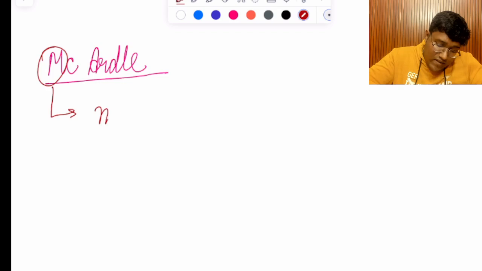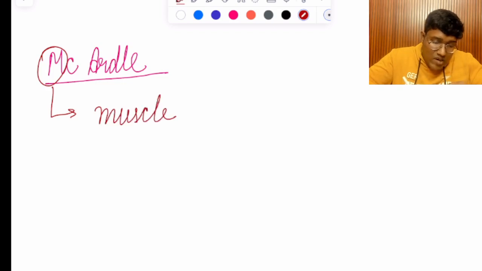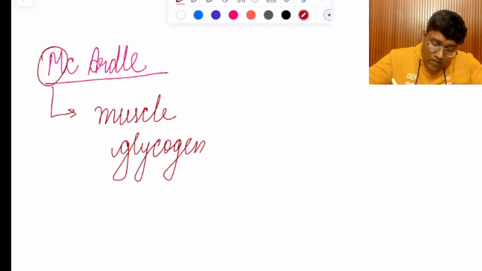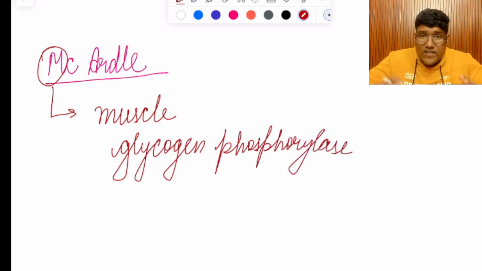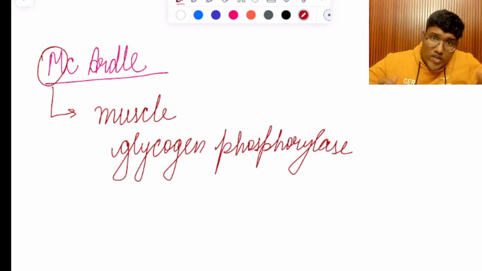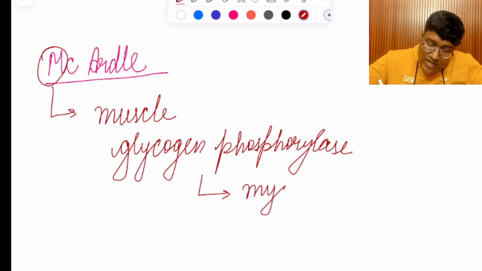In muscles, there's something called muscle glycogen phosphorylase. This only converts the glycogen in the muscles to glucose. Now when it's not present, what happens? The muscles are going to suffer, and you will see the patient having myoglobinuria.